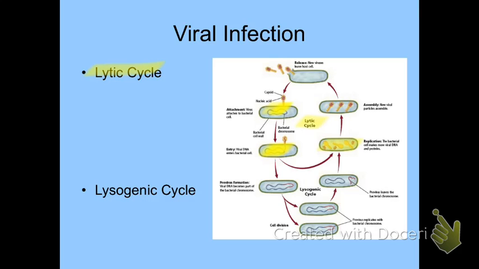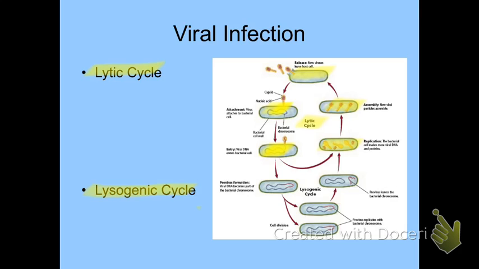It basically uses that host cell to produce more copies of virus, and then those viruses are assembled, and the cell then bursts and releases all those new virus particles into the organism. The lysogenic cycle takes a longer time. This lytic cycle is what happens with a common cold.